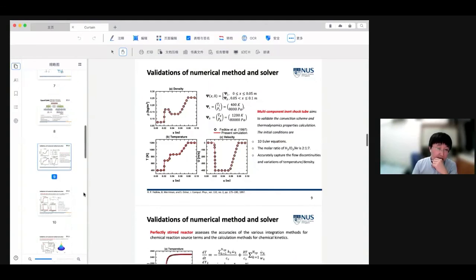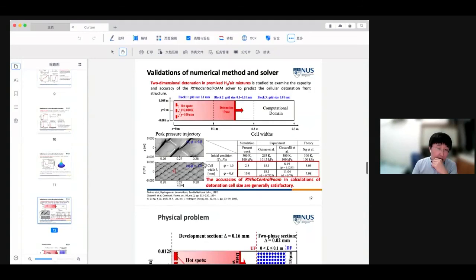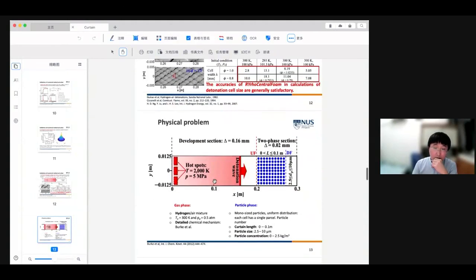Go down again. Yes, next slide. Yes, exactly. So are the particles treated with the discrete element method or just a Lagrangian approach?